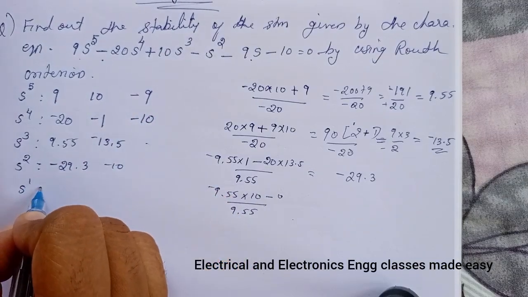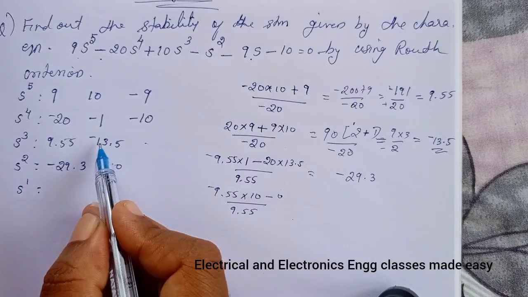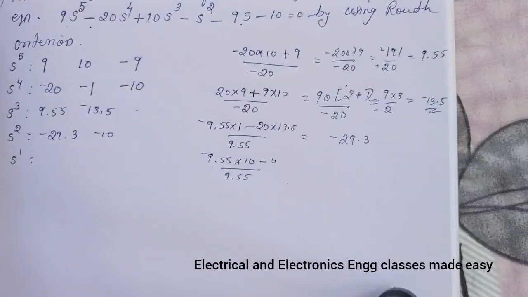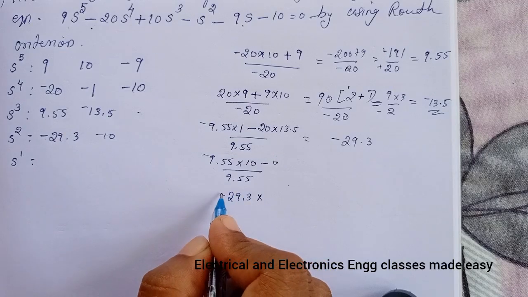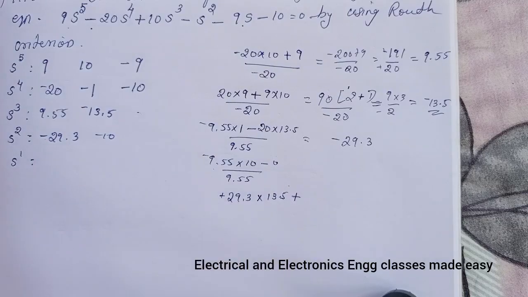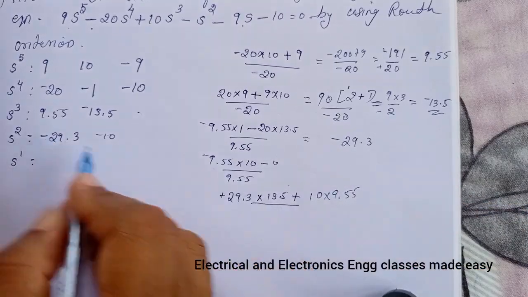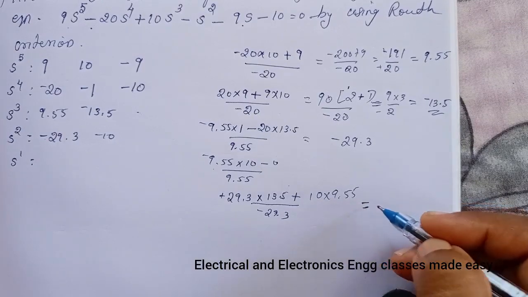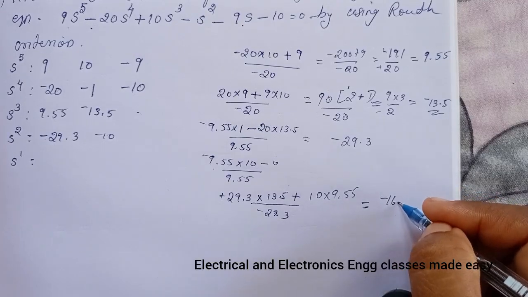Next element is s raised to 1. S raised to 1 is obtained as minus 29.3 into minus 13.5, that is plus, minus of minus we get a positive, then 10 into 9.55, divided by this minus 29.3, and we get it as minus 16.8.